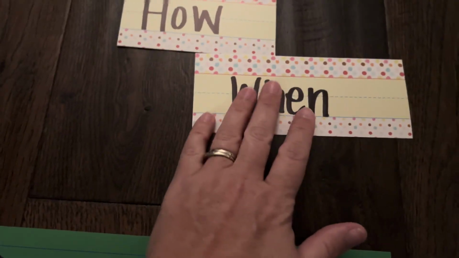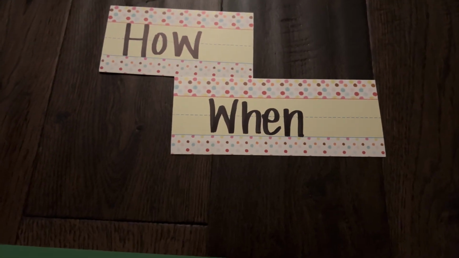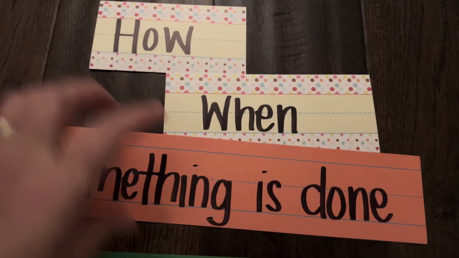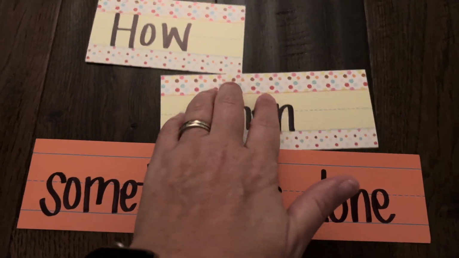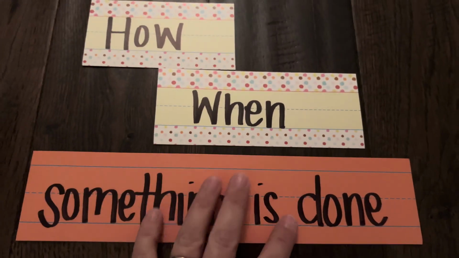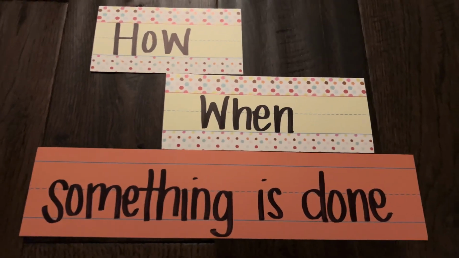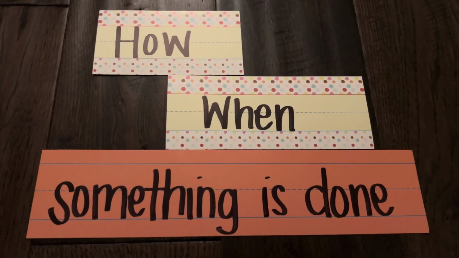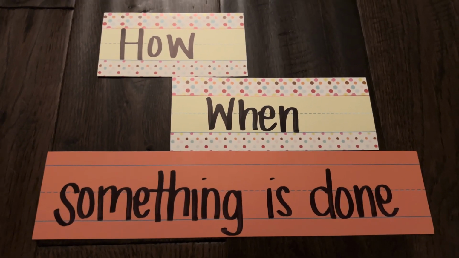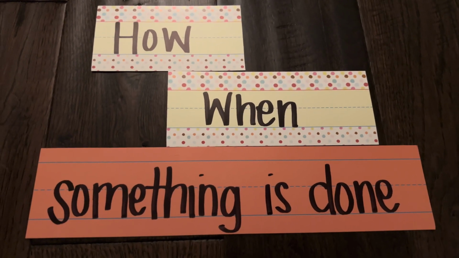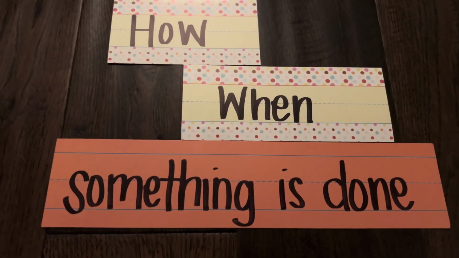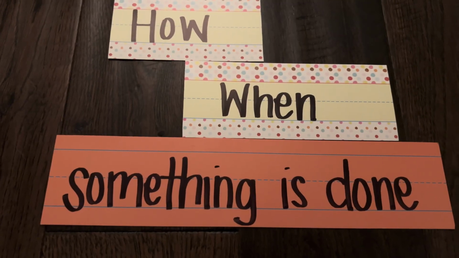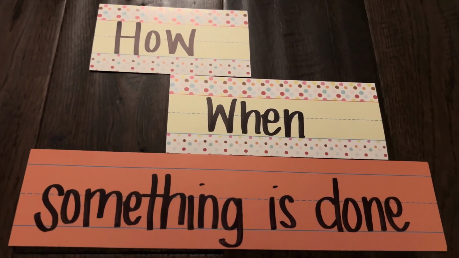They typically are going to ask how or when something is done. Those are two questions which adverbs are always going to answer: how something is done or when something is done. And let me show you what that looks like used in a sentence.